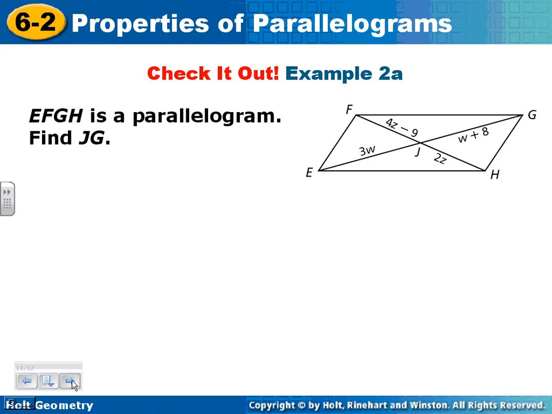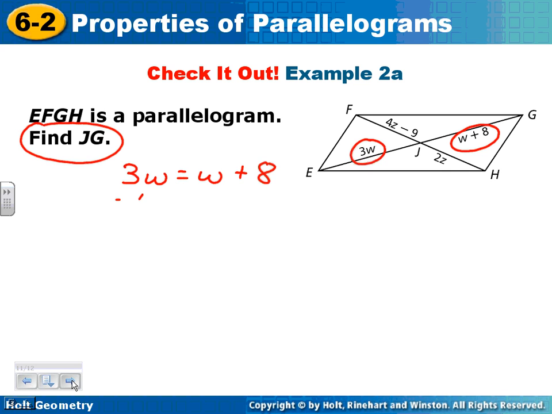The next one, some more algebra. We have a parallelogram. We're asked to find JG. So J to G would be this W plus 8. And it would equal the 3W because the diagonals bisect each other. So my equation would be 3W equals W plus 8.